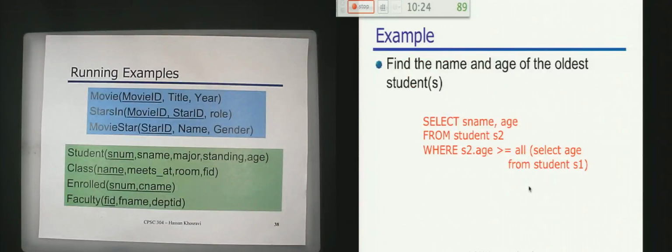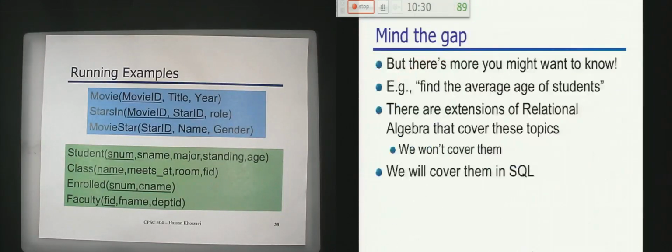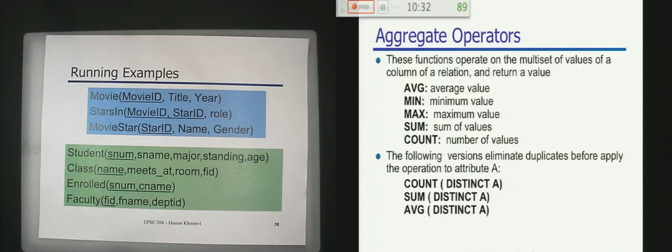Since we didn't know about the max operator, we were trying to use a nested query in order to implement maximum. With some of these operators, you can combine them with distinct. So if you want to count the distinct number of students that you have, you can say count distinct, and then sNum if sNum is their student number.